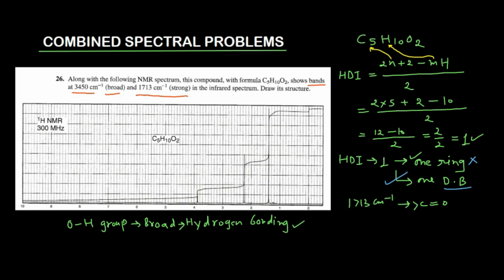Okay, and this carbonyl group may be present in an acid, it may be present in a ketone, right? Because the range of the ketonic carbonyl group and acidic carbonyl group is very close. So whenever you are having these two possibilities, C double bond O and OH, one may have this confusion that the molecule is having this acidic group.